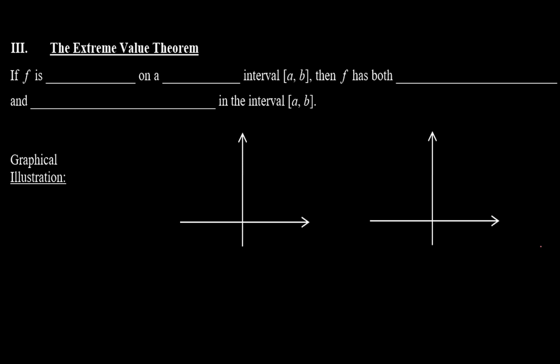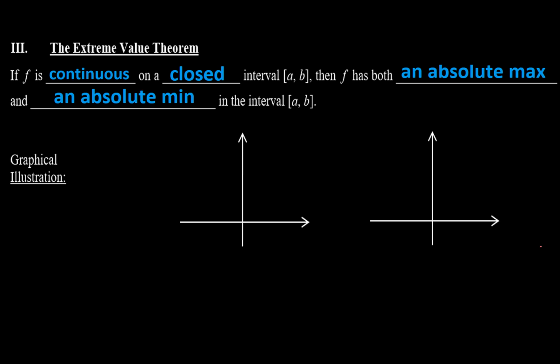So let's look at the extreme value theorem. If f, a function, is continuous on a closed interval [a, b], then f has both an absolute max and an absolute min in the interval [a, b]. So in other words, here's a, here's b.